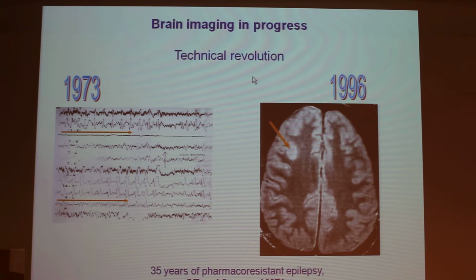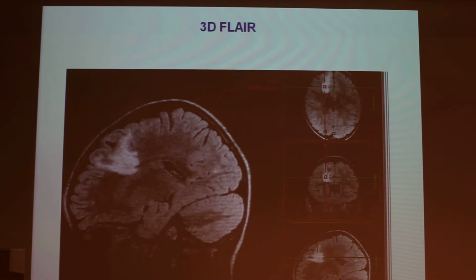So we have brain imaging in progress now. We have a technical revolution, and for example here, 35 years of pharmacoresistant epilepsy in a man, and he had a CT and 2 normal MRIs, and finally at the 3rd MRI we have seen with the FLAIR a hyperintensity, and he has a dysplasia and he had surgery, and afterwards he has a correct life.